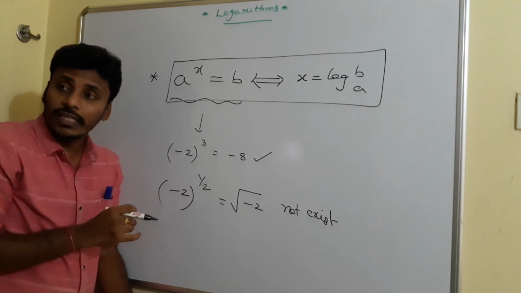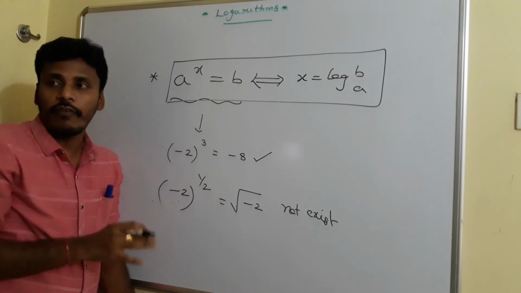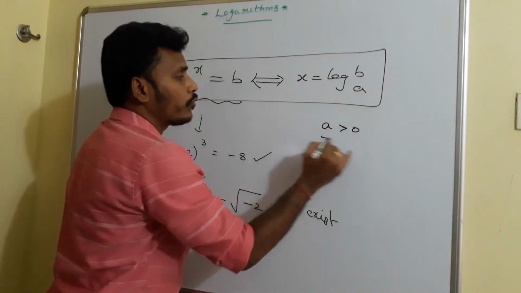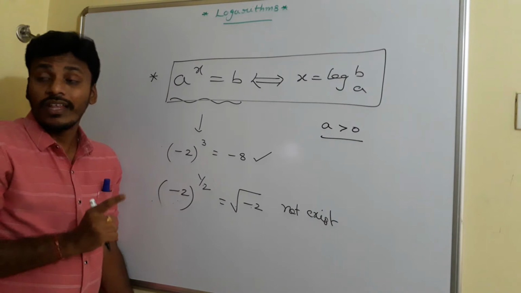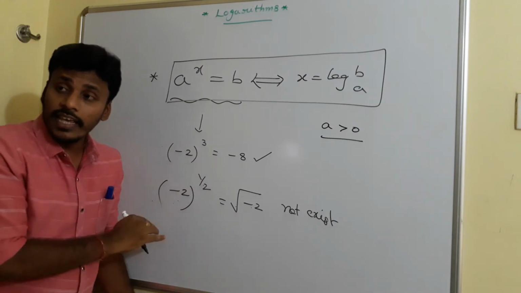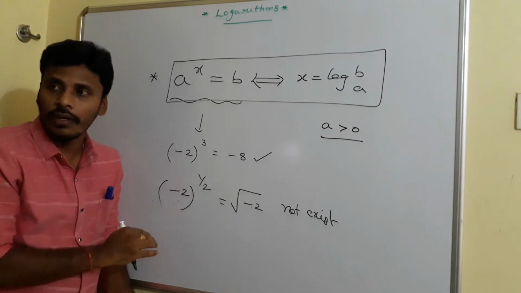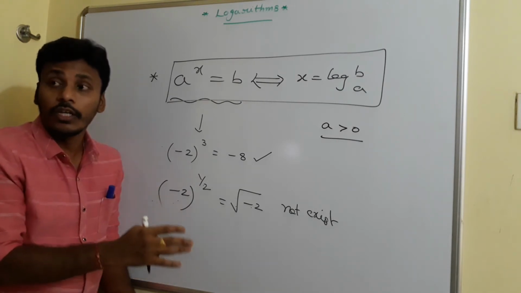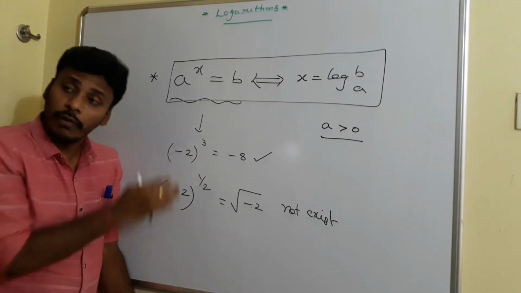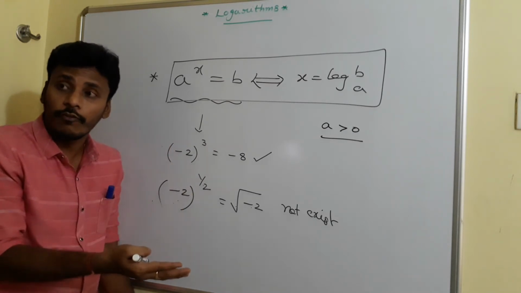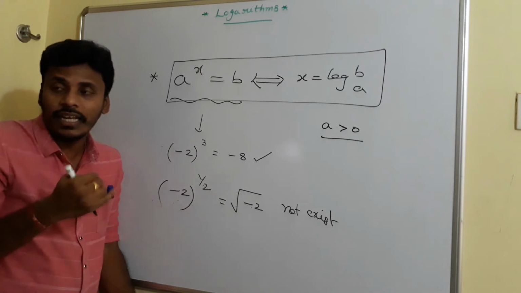So to restrict the definition as a well-defined thing, you need to restrict that a should be positive. If a is negative, sometimes a power x is equal to b has no meaning, and since it has no meaning, you have no chance to convert. Sometimes it has meaning, but you don't know when it is meaningful and when it is meaningless.